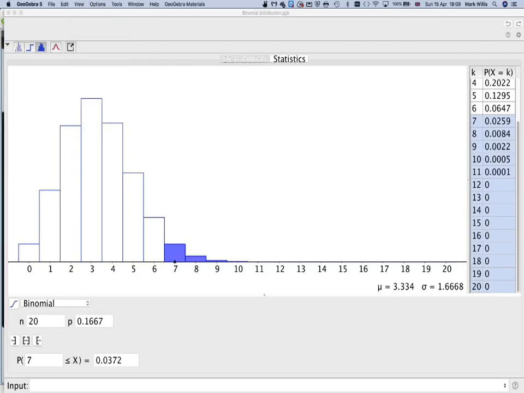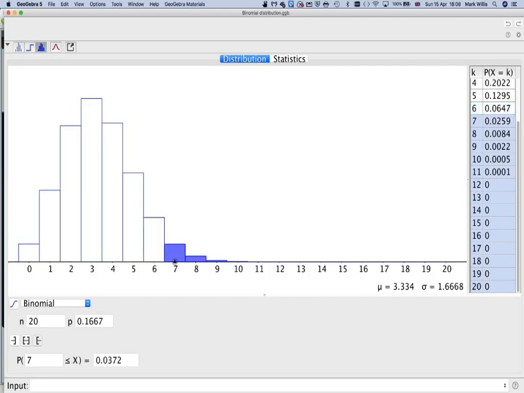I have set n to be 20, the probability to be 1/6, that's a decimal equivalent, and x is more than or equal to 7, so I get that from here. Notice the probability is 0.0372, but if I move this slider here for 6, you'll see I get 10.19%.